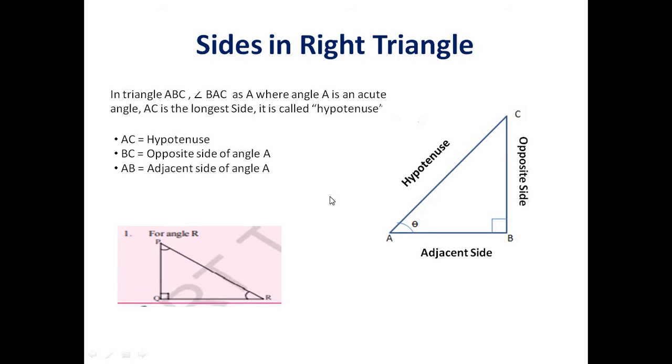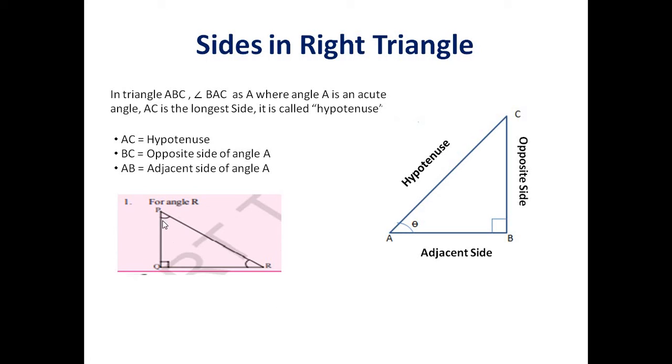Now another example: triangle PQR where angle Q is 90 degrees. That means it is a right angle triangle. In this triangle also, I want to check the opposite and adjacent sides for angle R. Opposite to this particular angle is PQ.